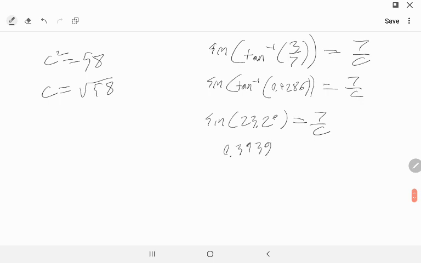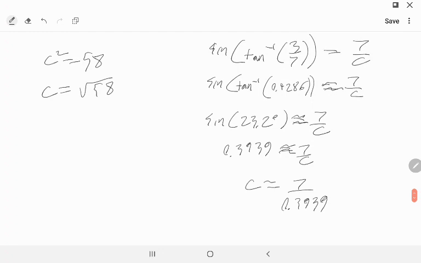So we know this is approximately 7 divided by C. And so we find out that C is approximately 7 divided by 0.3939.